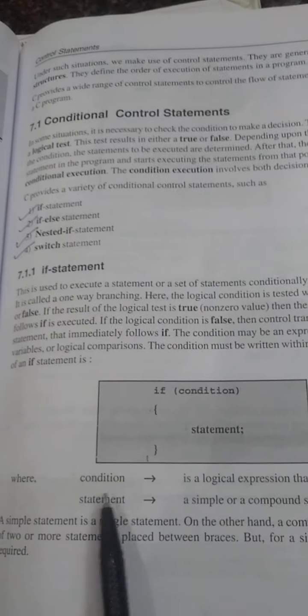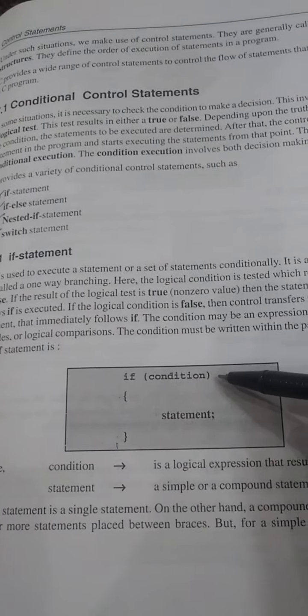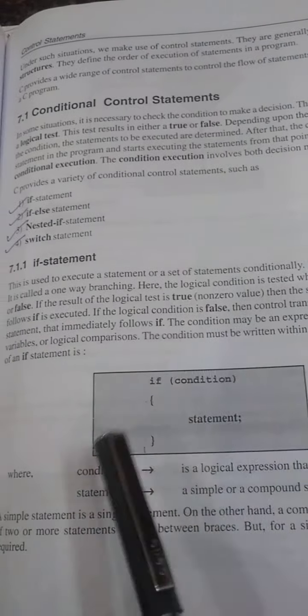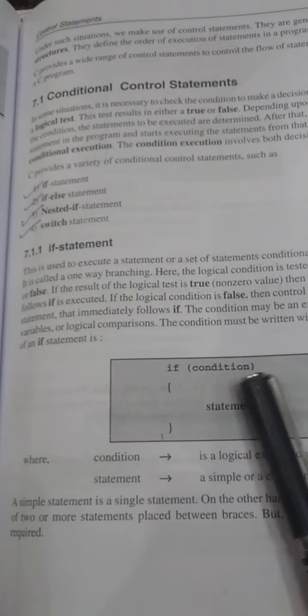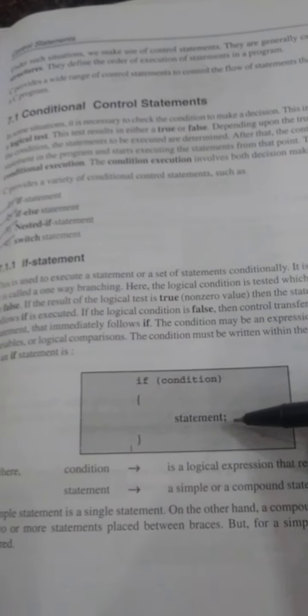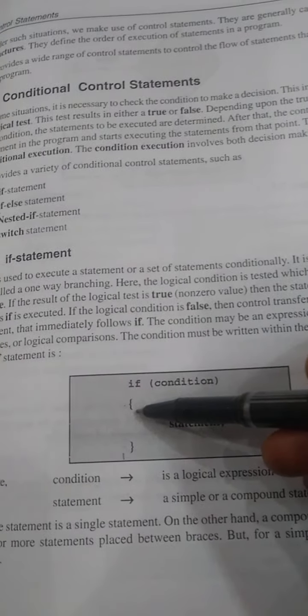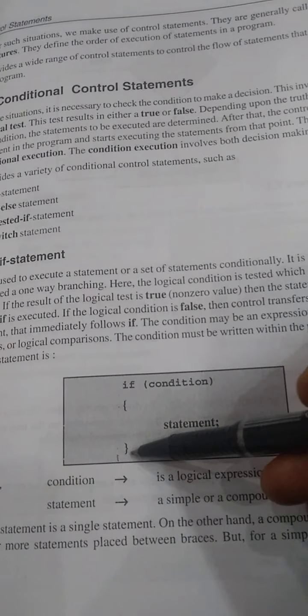That is, say, if A is greater than B, or if X equal to Y. In the case of an if condition, we must not use a semicolon after it. Then, if the condition is true, the statement is written between the curly braces, the left curly brace and the right curly brace.